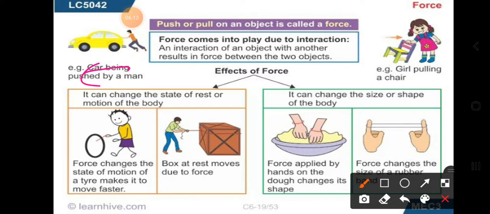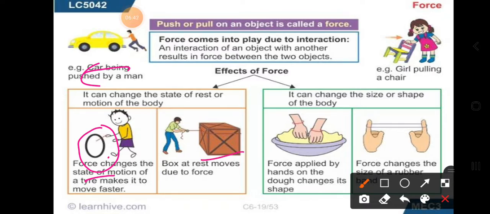For example, here a boy is playing with a tire. The pushing force acting on this tire is changing the state of the tire, which is in a stationary condition. So the pushing force applied by this boy on the tire allows the stationary object to move.